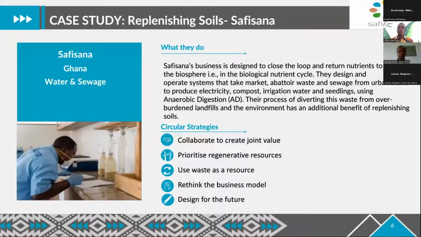And so in trying to solve these problems, they did a little research and found a way of using anaerobic digestion to convert these wastes into electricity, compost, and then irrigation water. So the biogas is used to produce methane, which they then sell to the national grid company here in Ghana to help cover the deficit of electricity in the country.